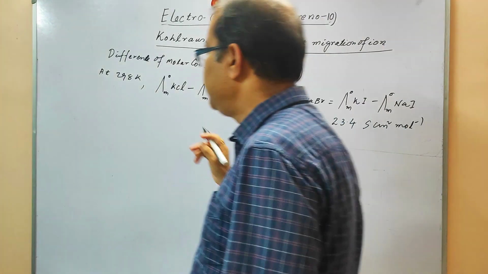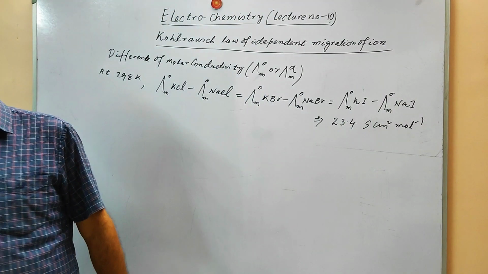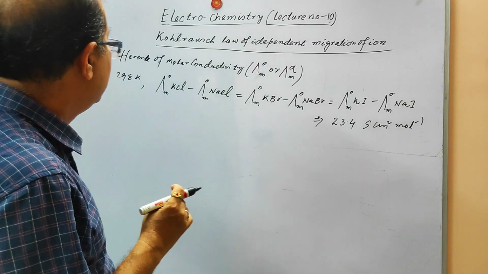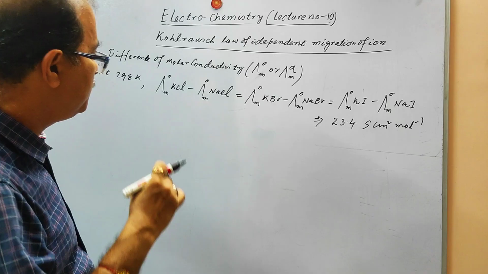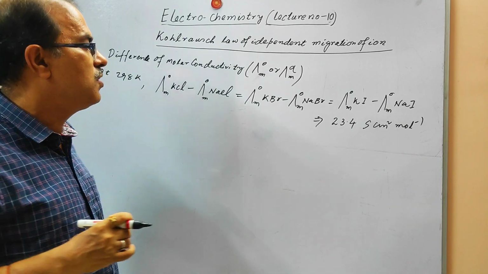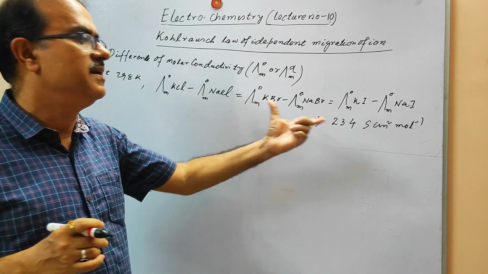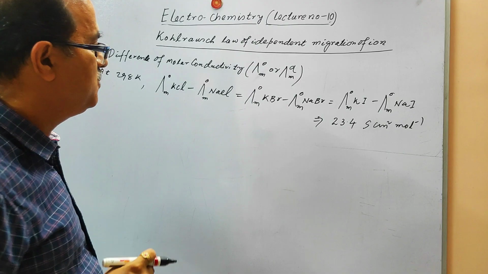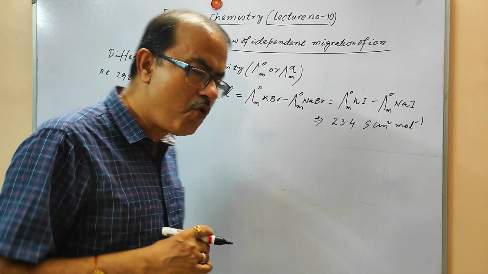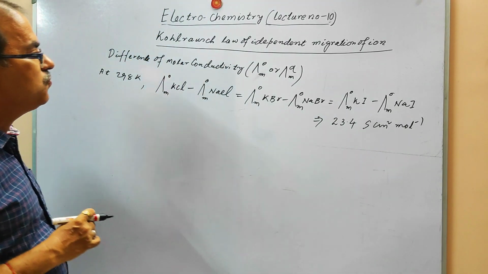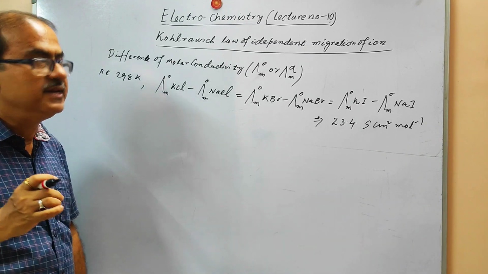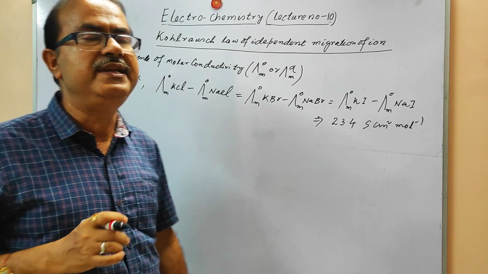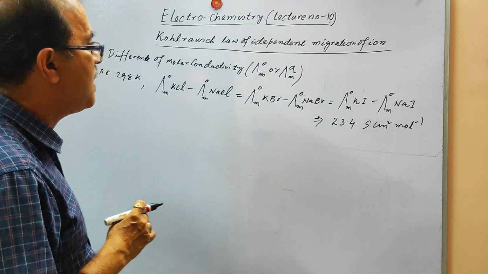He observed that the difference of the molar conductivity at infinite dilutions of these strong electrolytes is a fixed quantity. From this he was able to initiate the law of independent migration of ions.